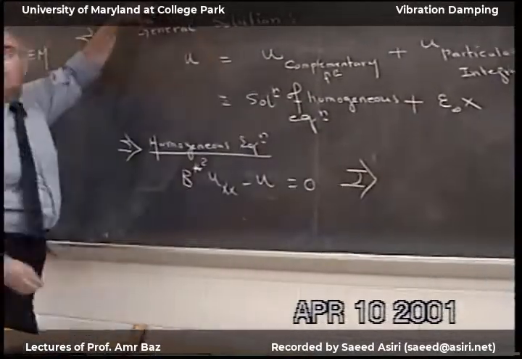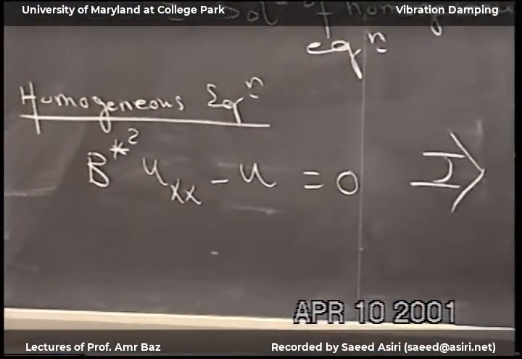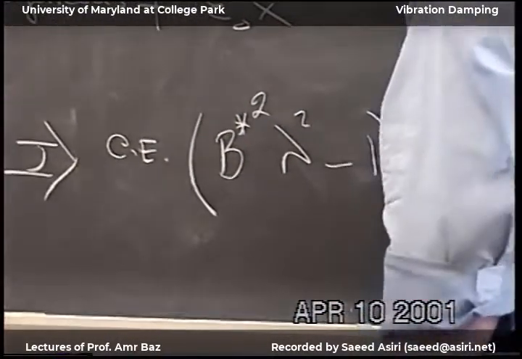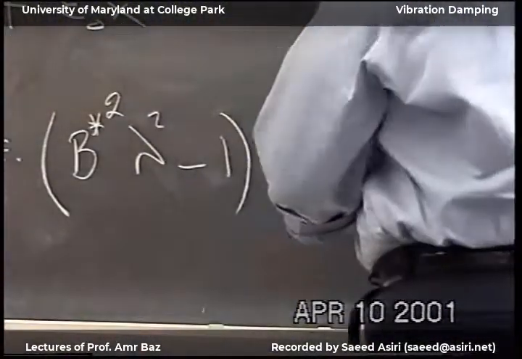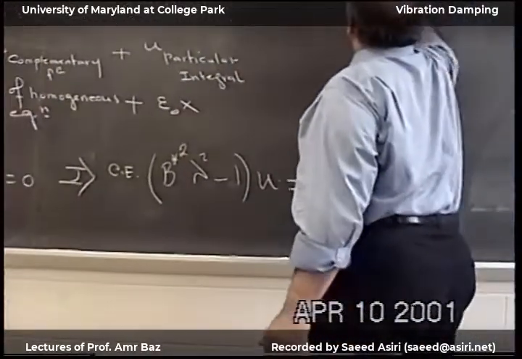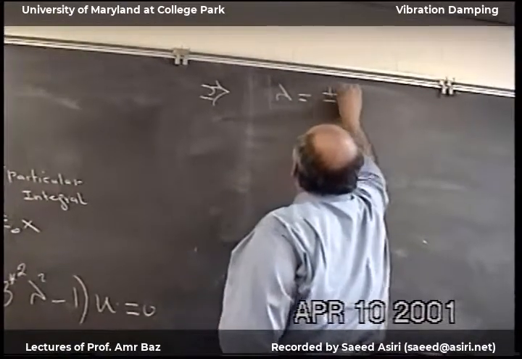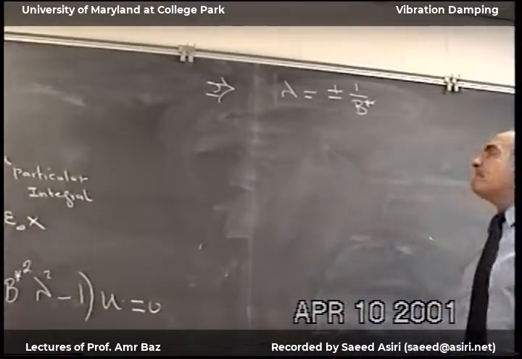This has a characteristic equation lambda squared minus 1 and u is equal to 0. And this gives us lambda is equal to plus or minus 1 over b asterisk.